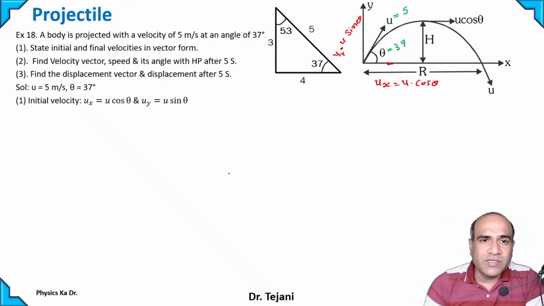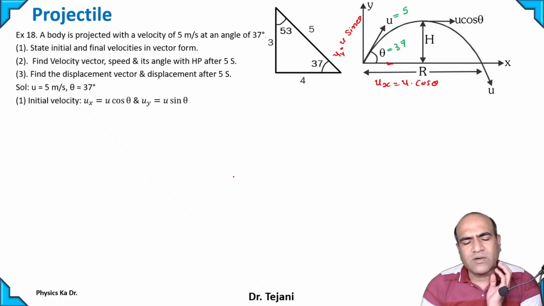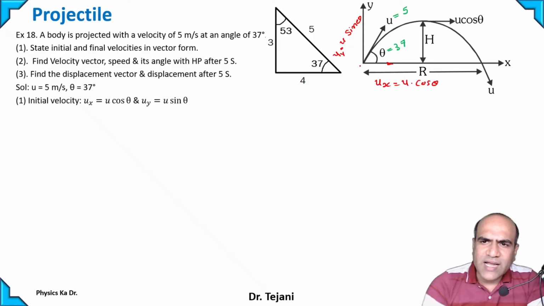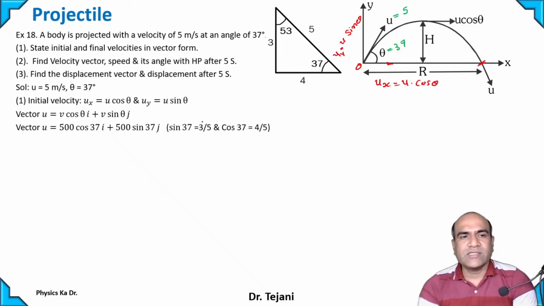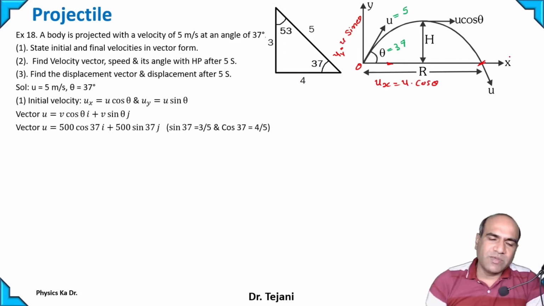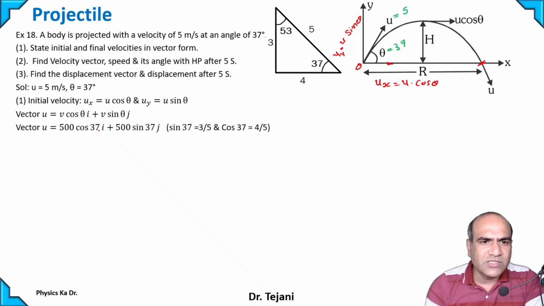So vector form is given. But what about final velocity vector? See, body is starting from here and it goes on the opposite side. The horizontal vector remains the same throughout the journey, but the vertical vector becomes negative. So put the values here. U cos theta, theta is 37.